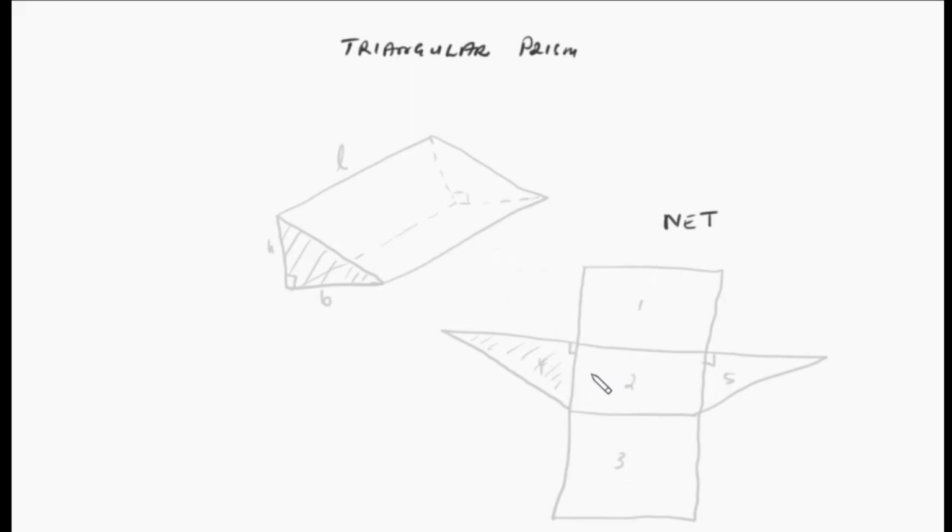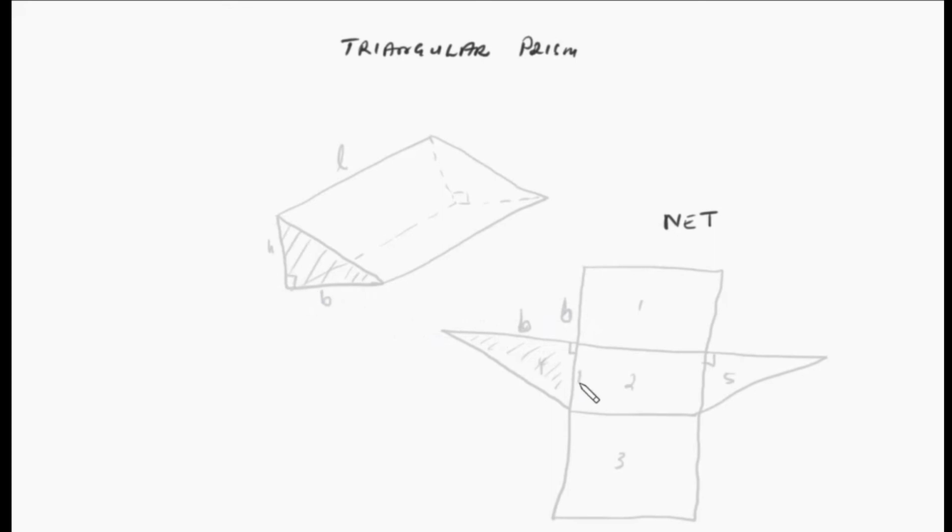Now it's as easy as this. If this is the height, this also is the height. The height is here. This is the base, right? This side is longer than this one.